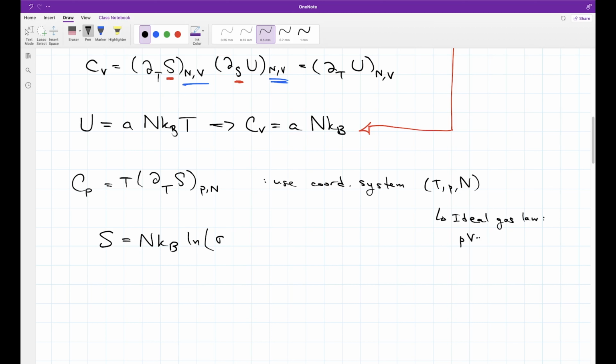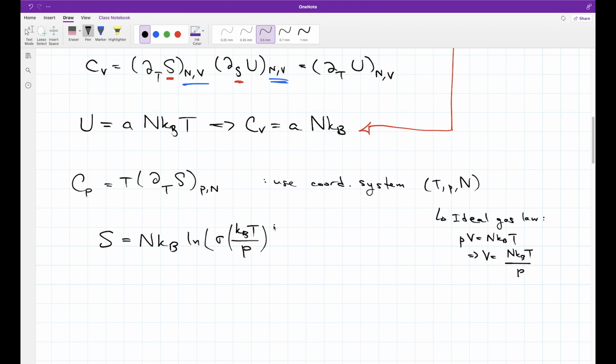So we get PV is equal to N kB T, or V is equal to N kB T over P. Excellent. So now we have V over N, which we can rewrite as kB T over P, since the N up here got divided by the N that was in the denominator here.